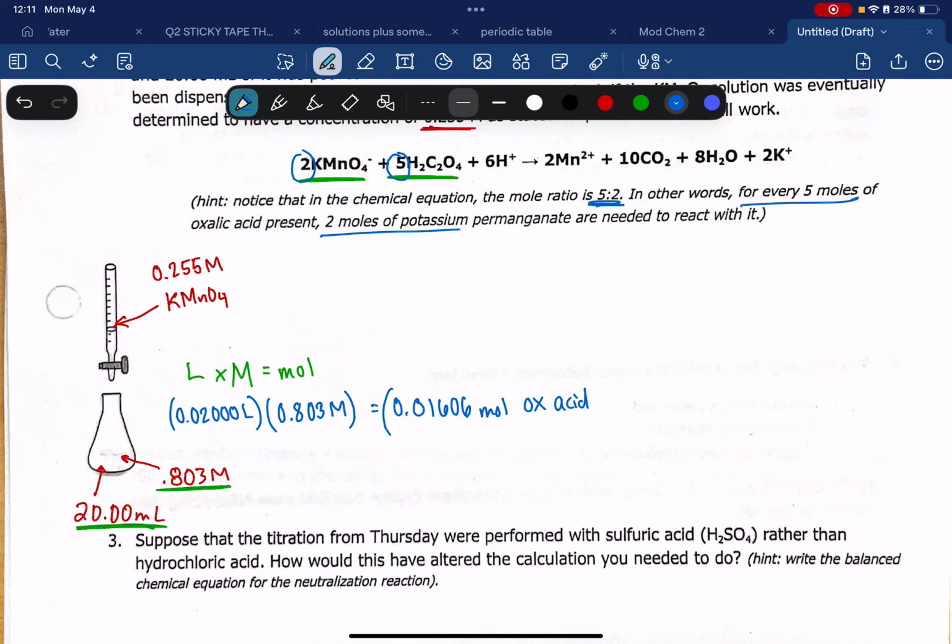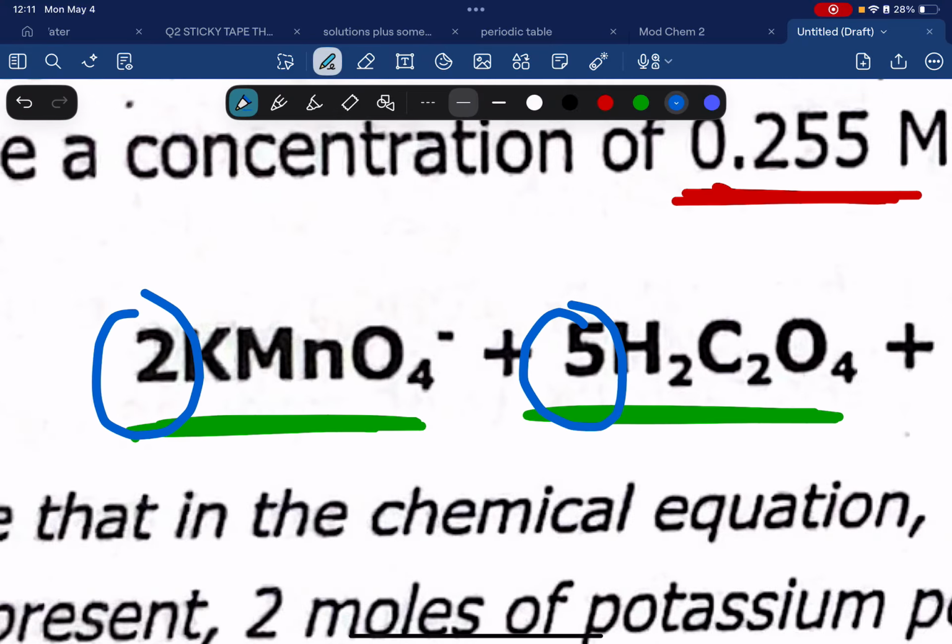So if this is how many moles of oxalic acid that I have, to figure out how many moles of permanganate solution are required to react with all of it, all I need to do is figure out a number that is 2/5 of it. Right? What is 2/5 of 0.01606? That should be the answer, right? Because I know that however many moles of oxalic acid, it just takes 2/5 as many moles, right?